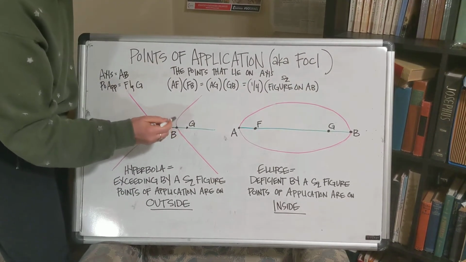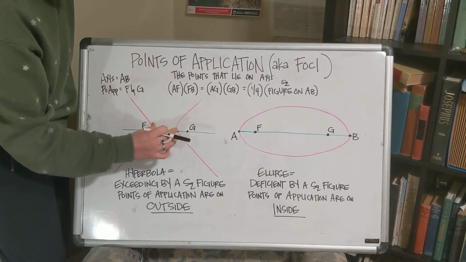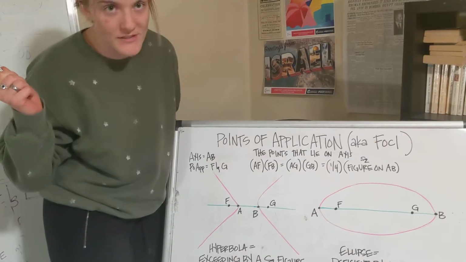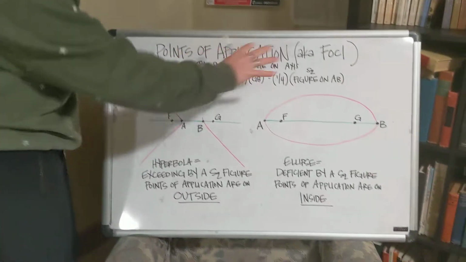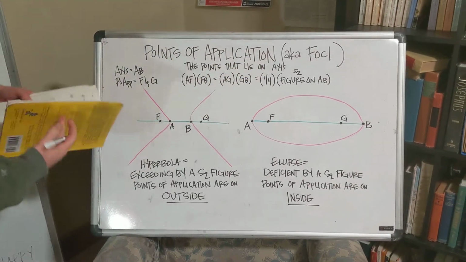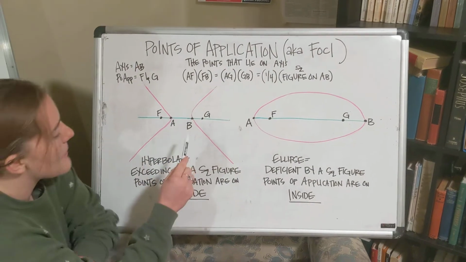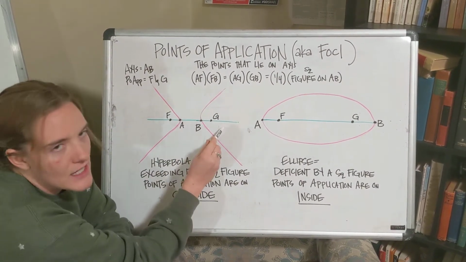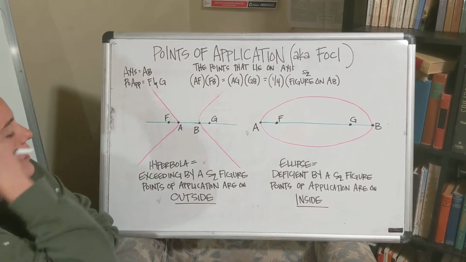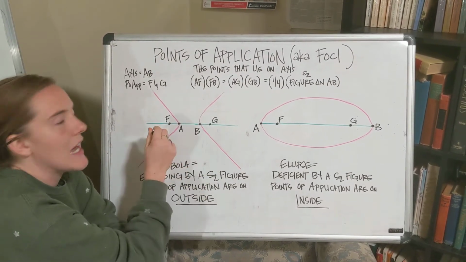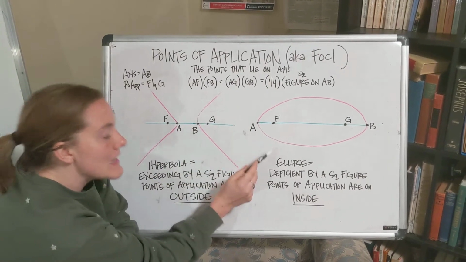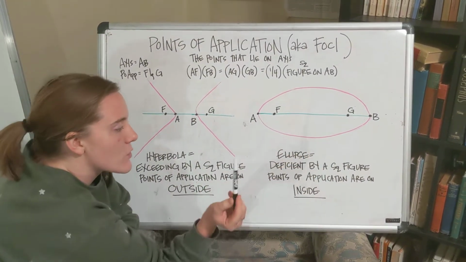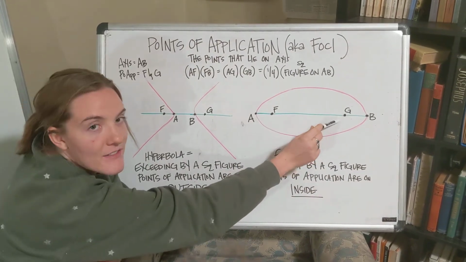So that rectangle here is equal to a fourth part of this square on AB. And that's exactly what we've seen in our other proposition, and that is the points of application, I think is what that's called. But here's what's interesting about this. In this hyperbola, you can see that the points of application exceed the square. So exceeding by a square figure, points of application on the outside of that square. And in an ellipse, they are deficient. So they're on the inside. Deficient by a square figure, points of application are on the inside of the ellipse.